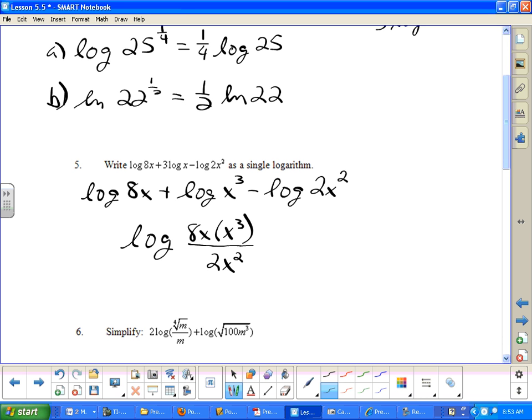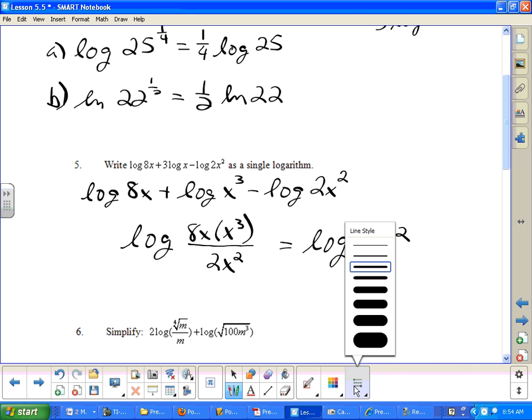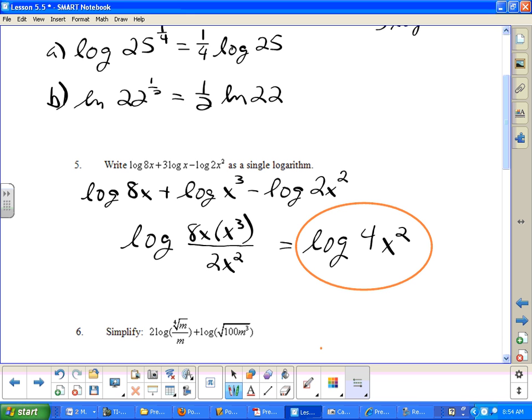Then we simplify that fraction. 8 divided by 2 is 4. In the numerator, I have x to the 4th power. In the denominator, x squared. When I simplify that, I get x squared. So this whole thing simplifies to that right there.